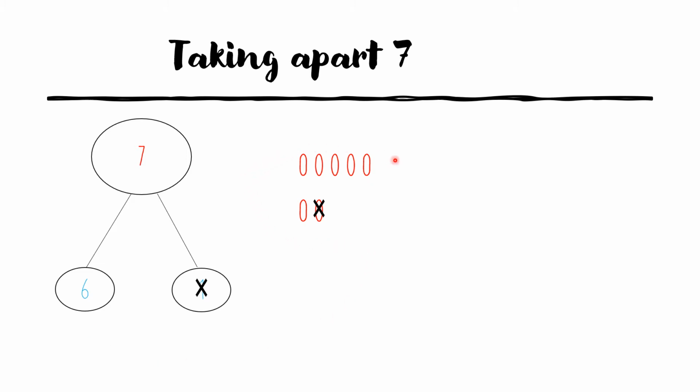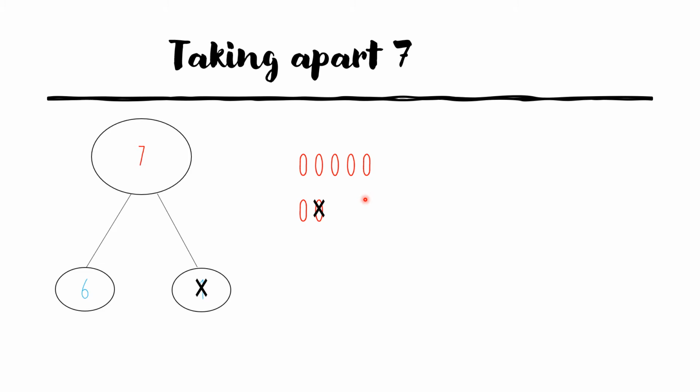We made 7 circles. We have one cross out. Where's that 6 coming from? Oh, yeah. 6 represents how many circles are left after I crossed out 1.